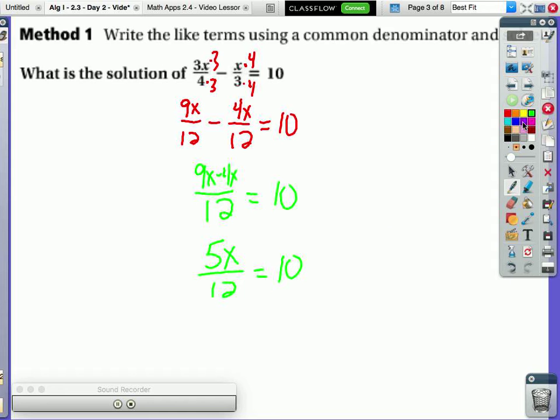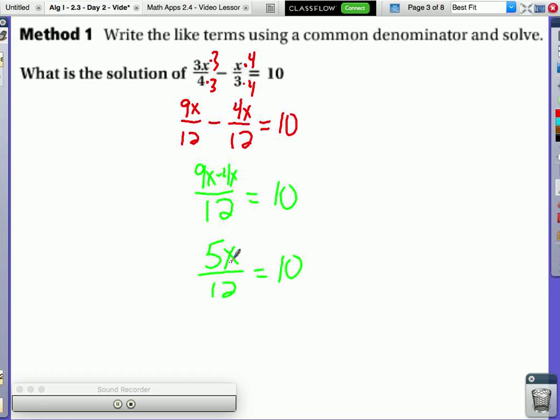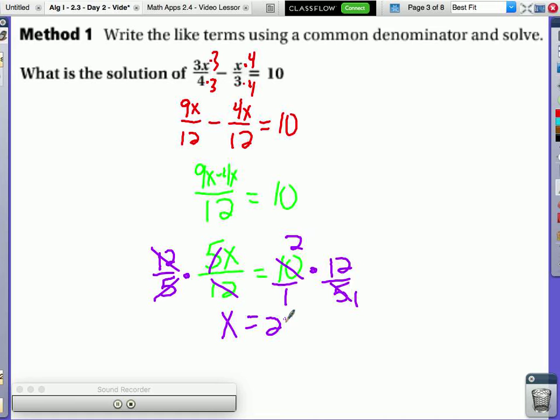Okay, and then now we have a fraction with our variable, so we learn that to get rid of a fraction, we can multiply each side by the reciprocal. So take each side times 12 over 5. 12's cross out, 5's cross out, so we're left with x equals 5 goes into 10 2 times, multiply straight across. 2 times 12, 24.